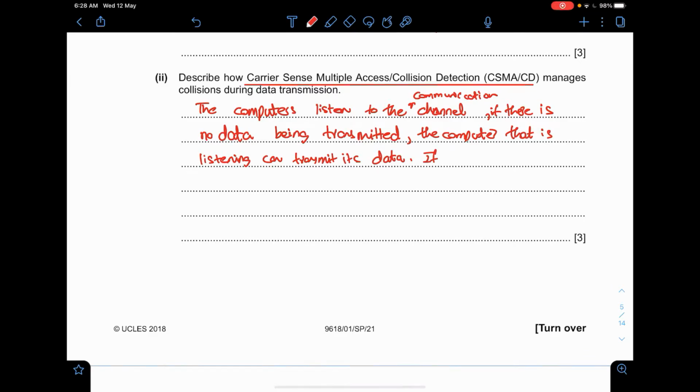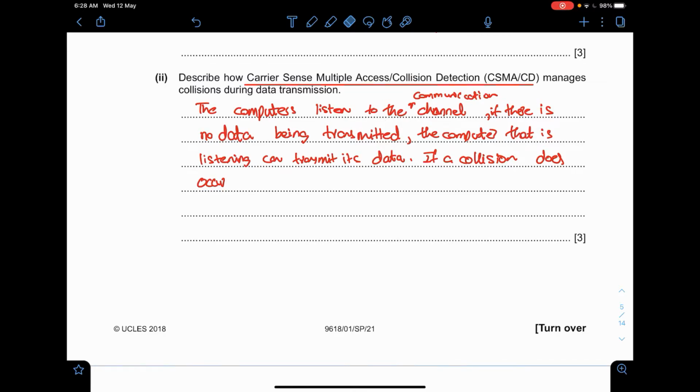So if a collision does occur, because this does happen, it doesn't happen that often now because we have better technology, but it used to happen a lot back then, when you were developing your networking, in olden ages.